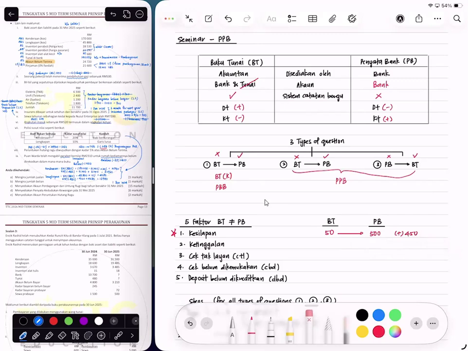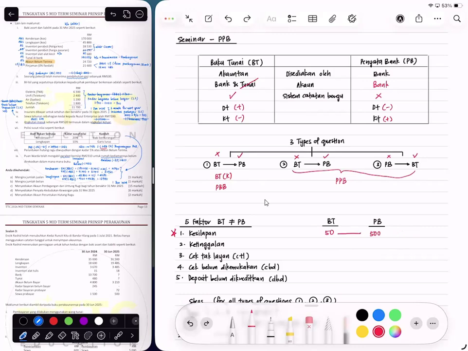But if the question need us to start by penyata bank become buku tunai, that means need to make 500, the bigger value become a smaller value 50. That means you need to minus. So the correction wise very easy. From big become a small one, you need to minus. From small become a big one, you need to add. Okay, that's how we do the correction.